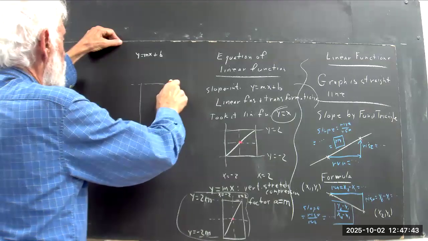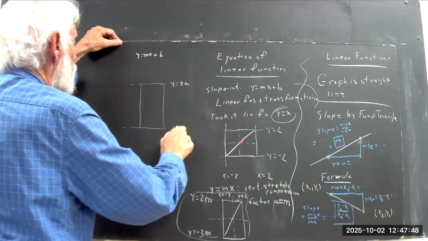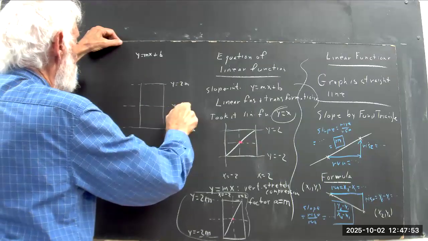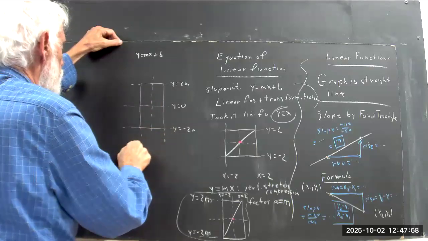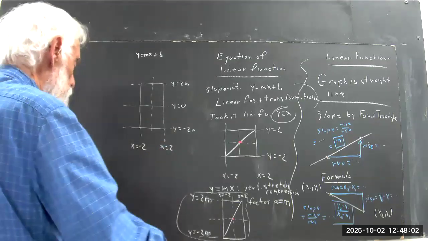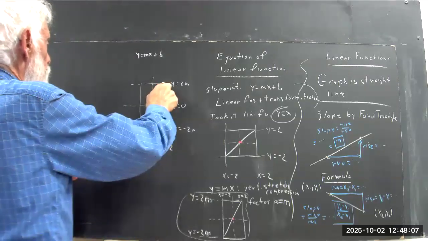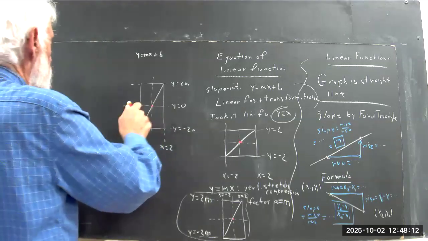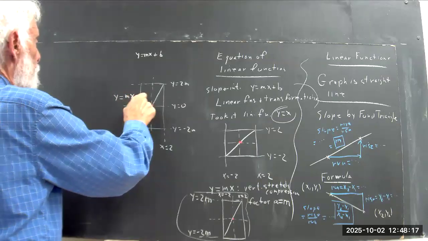Okay, again, your y equals 2m, y equals -2m, and of course y equals 0 here. X equals -2, x equals 2. Red dot here. So here's a graph of y equals m times x.